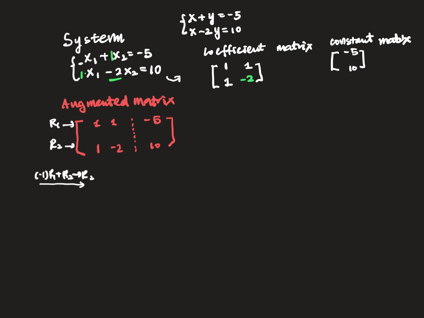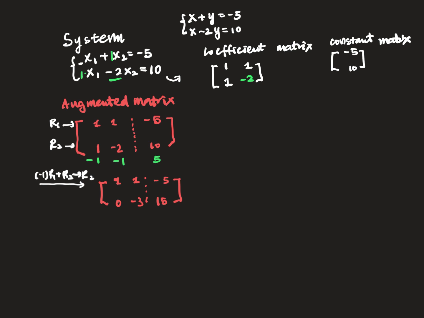You're going to see here, -1 R1: 1 times -1 is -1, -1 times -5 is 5. So add together, and you're going to change here. 1, 1, -5, 0, -3, 15. If you forgot how to do it, don't worry too much. We're just reviewing it. We're going to practice a lot later.